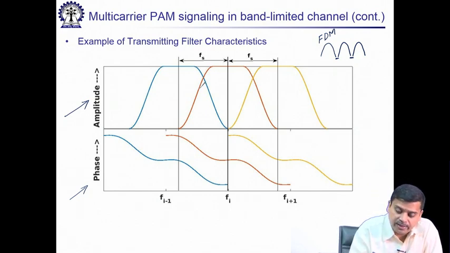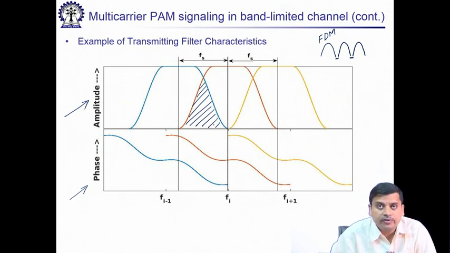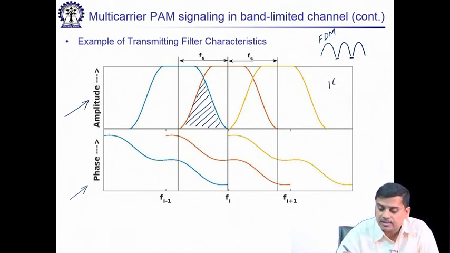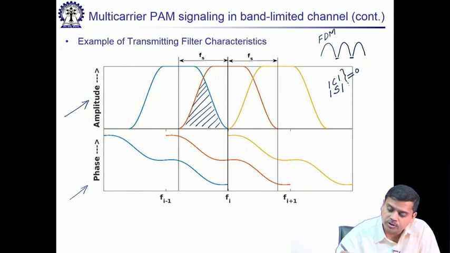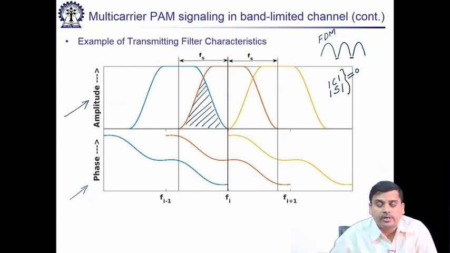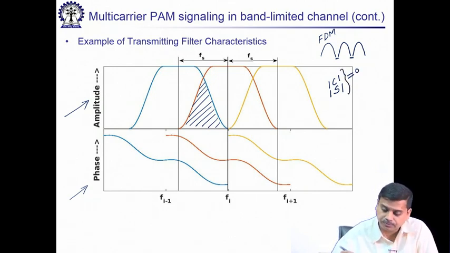Here we find that overlap is allowed between the neighboring channels, but the filter coefficients are designed in such a manner that ICI orthogonality is ensured, as well as ISI, both go to 0 if we use appropriately designed filter coefficients.